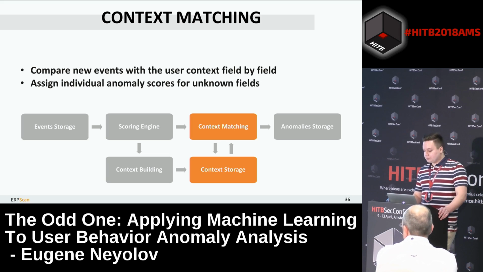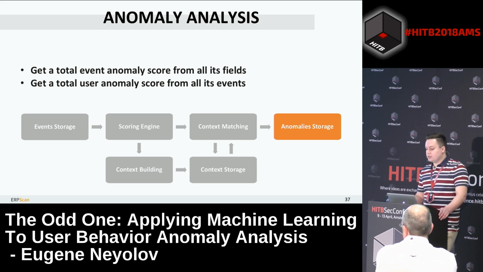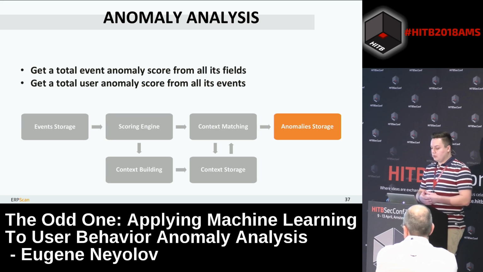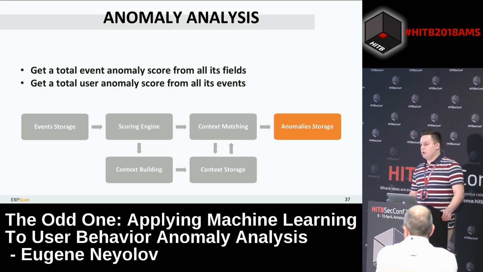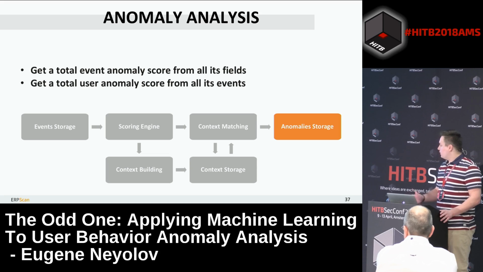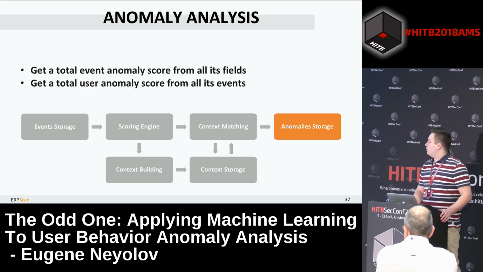And then for analysis, we prioritize users for investigation by a total user anomaly score, which combines all events of this user for a specific time frame. Users are prioritized by the total user anomaly score for the day, for the week, for the month, or whatever. So this is the simple idea of static anomaly analysis.